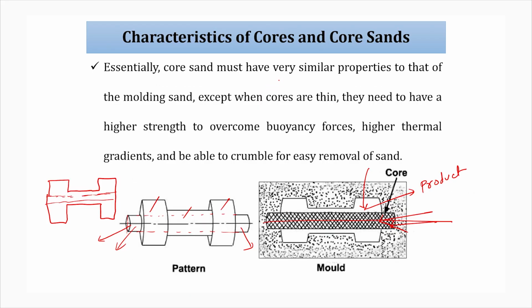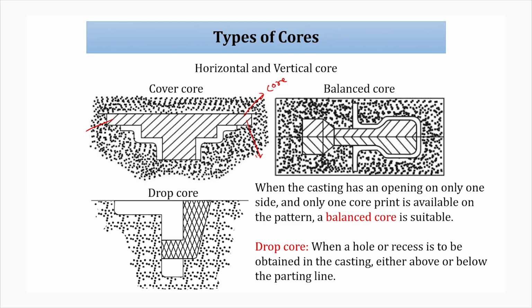This extra part is called core prints, to support the core. We will understand this later, just understand the terminology first. So, these core prints support or position our core in the mold. This is an additional feature, additional area.